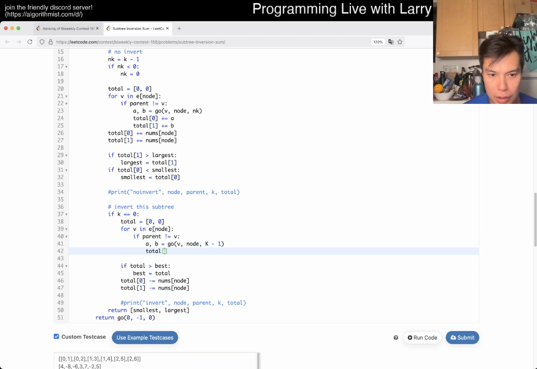Okay, so then this, we want to. So okay, the smaller number is going to want to subtract by the smallest number.